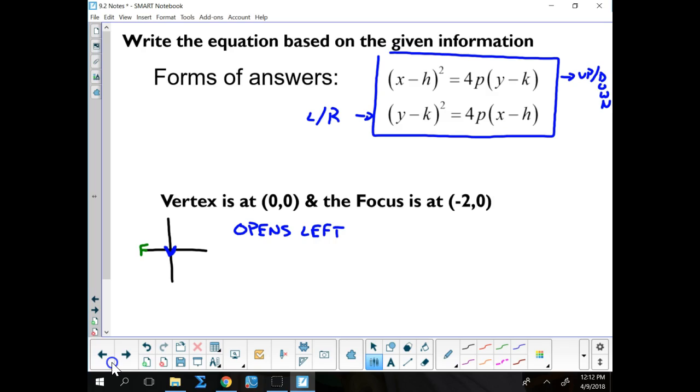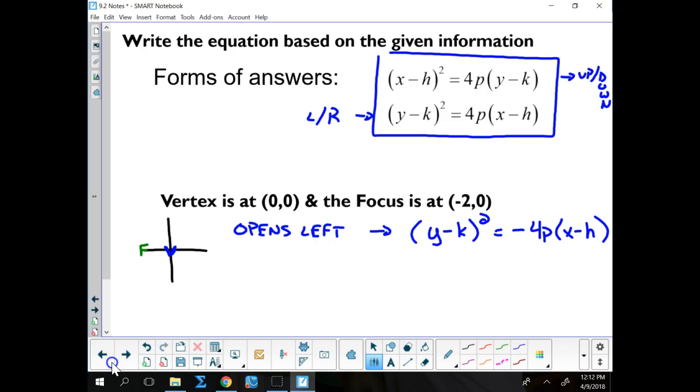And what tweak do I have to make to it? I need to have a -4p. So I'm going to use the formula y minus k, quantity squared, equals -4p times x minus h.